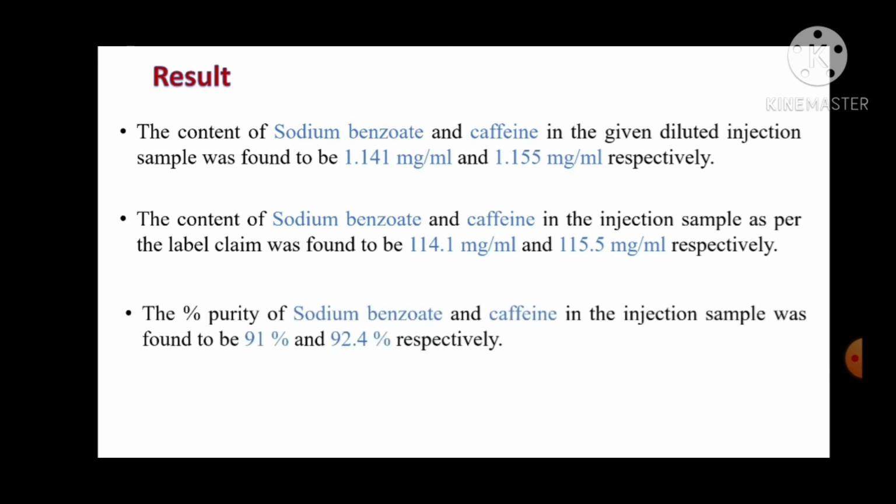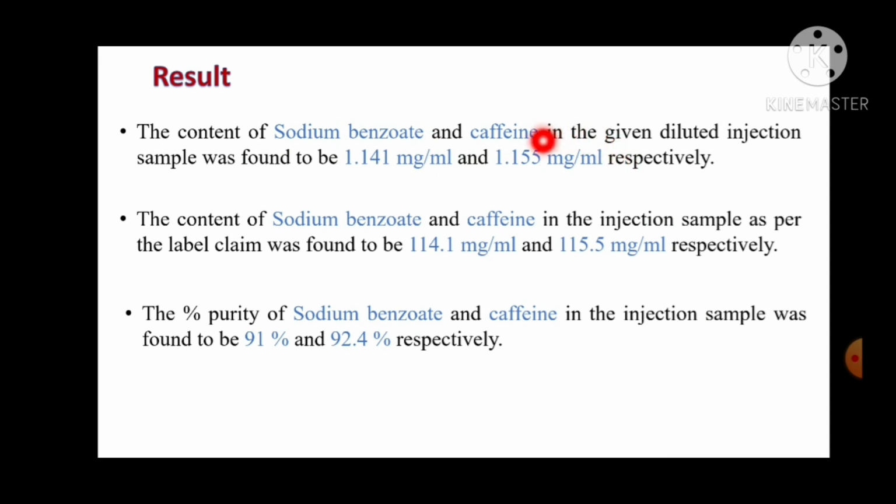And then finally, because it is an assay, we are reporting a percentage purity. The percentage purity of sodium benzoate and caffeine in the injection sample was found to be 91% and 92.4% respectively. These are the three kinds of reports we need to write, and you may write in different units.